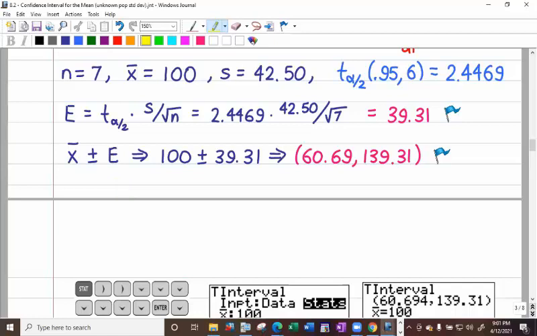You could just put anything in there for the mean, because remember, the mean just sits there in the middle. If it's only asking for margin of error, you could just make up a number for the mean and you'd still get that same margin of error. Yeah, that would work.